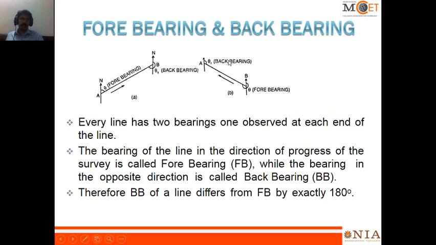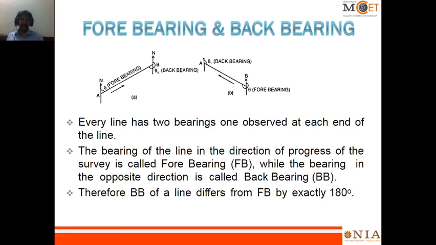It is vice versa, from A to B, B to A. It may be in the clockwise direction or in the anti-clockwise direction; the back bearing and forward bearing get changed, right? Therefore the back bearing of a line differs from the forward bearing by exactly 180 degrees. If the compass is free of error, the forward bearing minus back bearing, or back bearing minus forward bearing, must be 180 degrees.